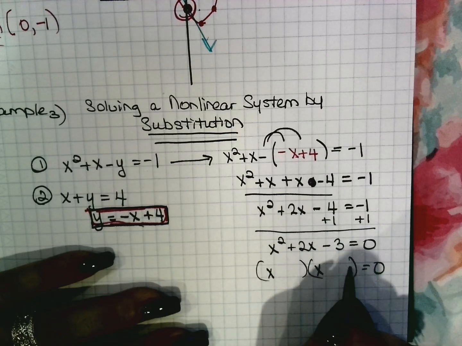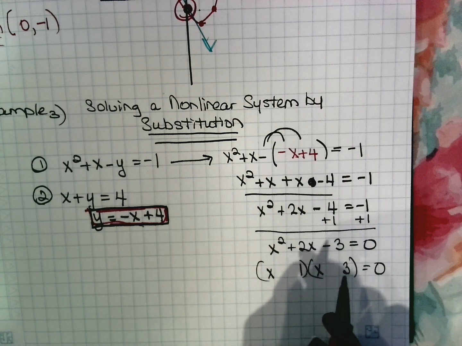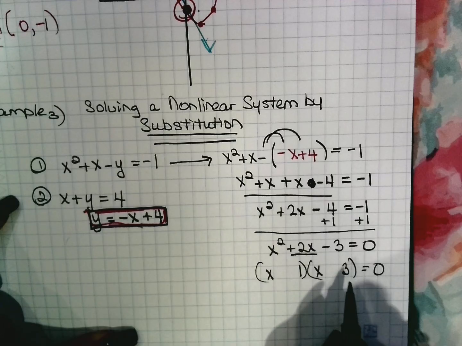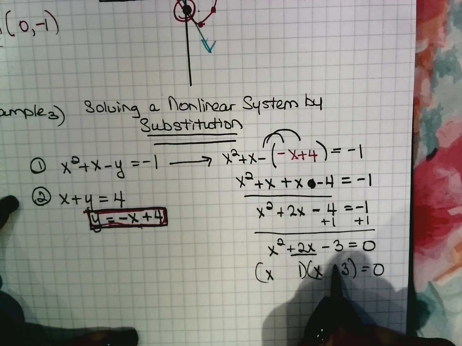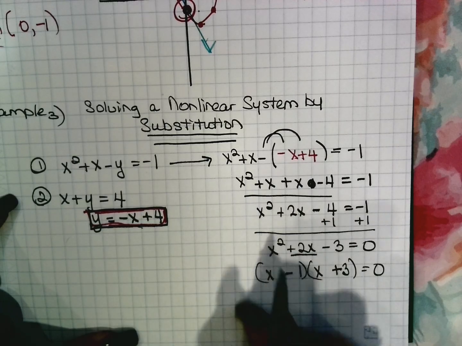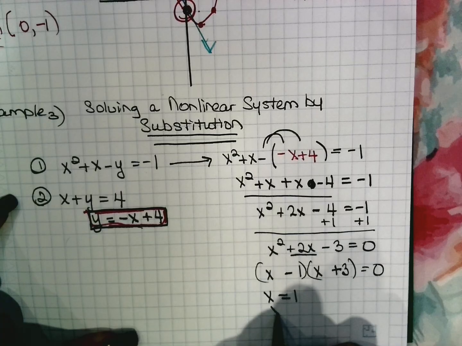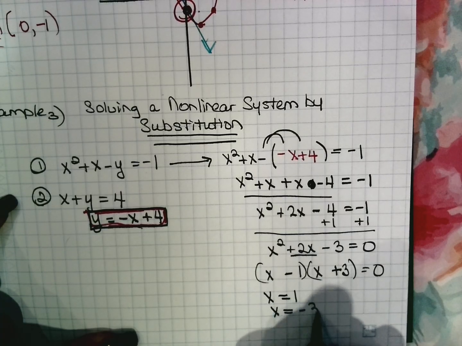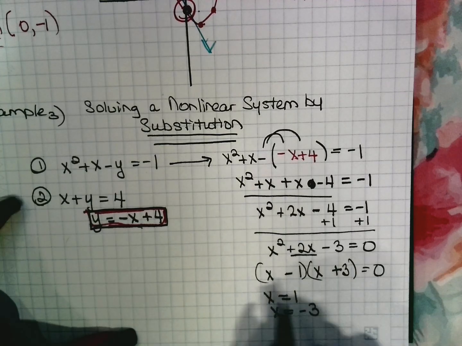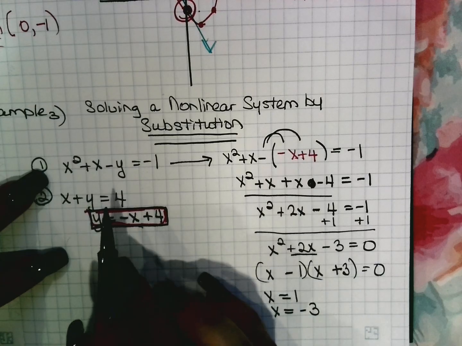X and x, 3 and 1. Excuse me. This middle term is positive. That means that the larger number, which is the 3, will be positive, and this one will be negative. So this means that our solutions are x equals 1 and x equals negative 3. Okay? So I'm going to have two solutions here.